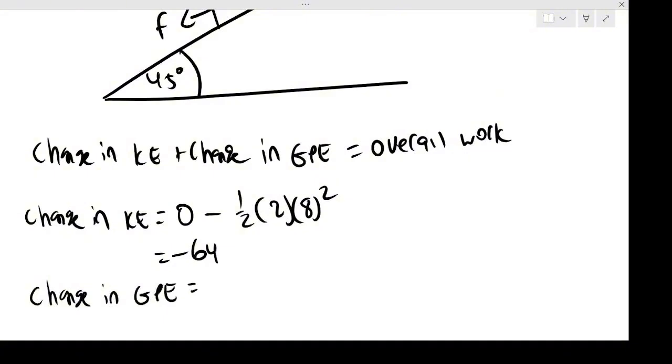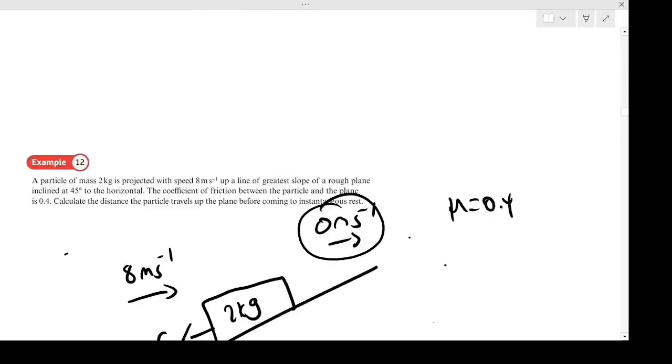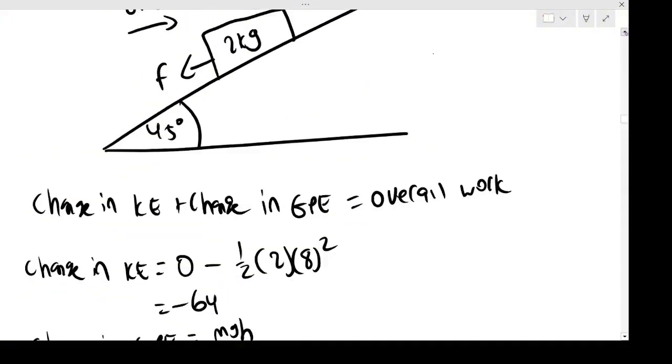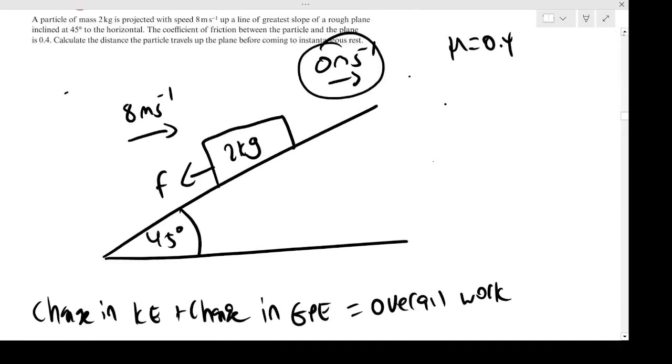Then the change in GPE, that's going to be mgh. So my mass is 2, g is 9.8. And the height. Okay, well, again, I want to work out the distance.